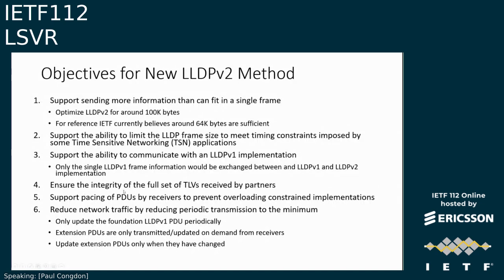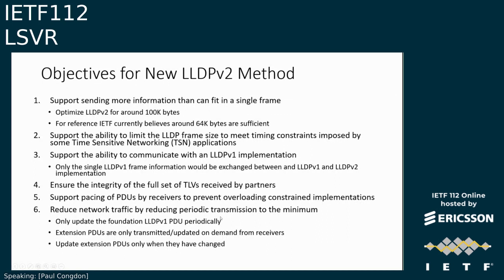We want to make sure what we're sending is valid. The mechanism allows what we call pacing of receiving of those frames by the receiver. In other words, if you have a very lightweight implementation, we're not going to overload you. You receive the extra data at your own speed, so to speak. And that's important. There's a lot of very constrained implementations of LLDP.